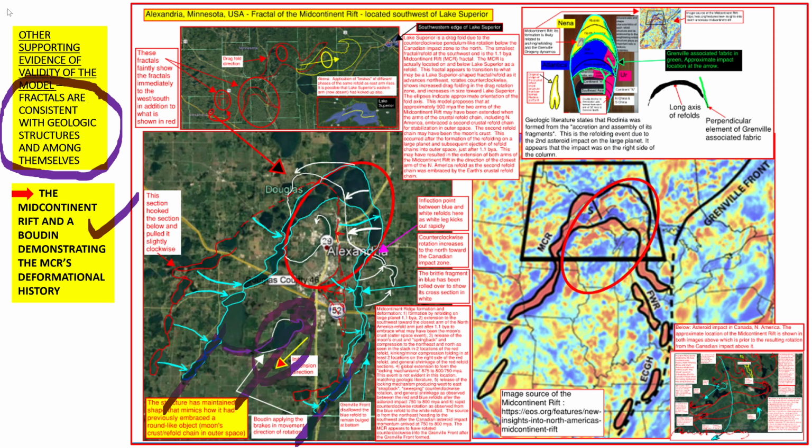That's an example there. Just in general, the character of the deformation of the MCR, the way it looks and what happened to it, is based on, of course, where it is. And if you go to the upper right, this is where it is on the original chain structure of Rodinia. Center line of the structure is here.